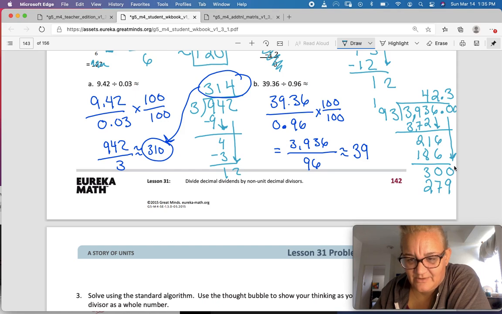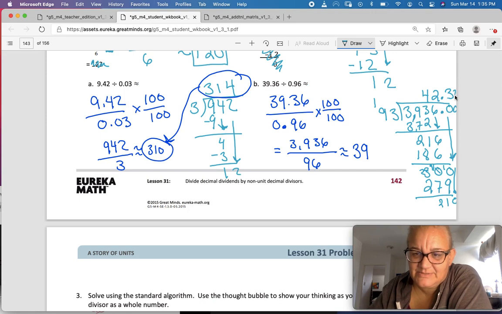I'm going to bring that 0 all the way down here. And that's a 0 in the hundredths spot. So I'm going to make this 2, and this is a 9. So that would be 1 and 2. So 210. Well, that'll go 2 times.